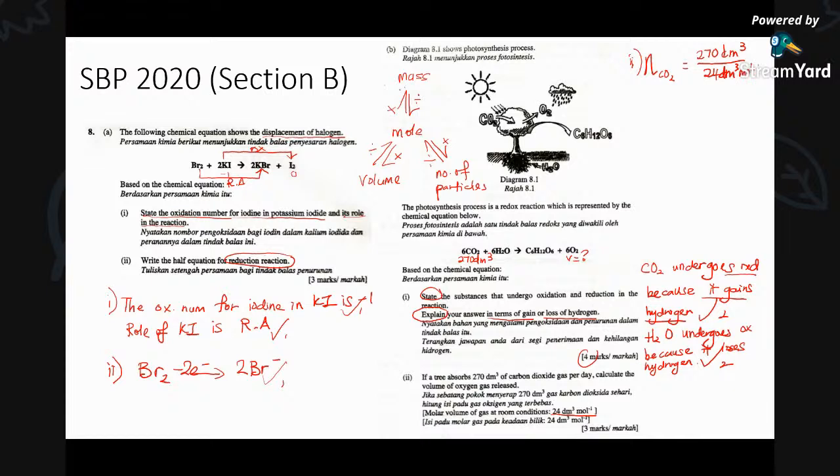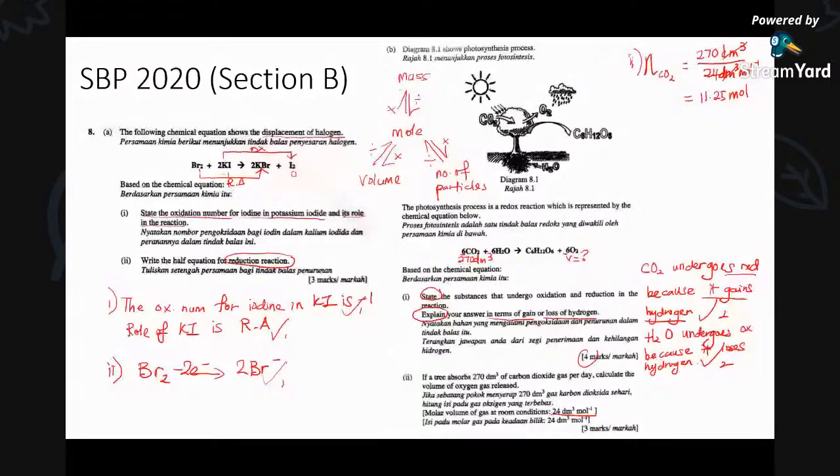Okay, so dm cube cancel off, you will get 11.25 mole. Then the second step, you have to compare the number of mole. Compare the stoichiometry. So you can see there is 6 mole of carbon dioxide and 6 mole of oxygen.